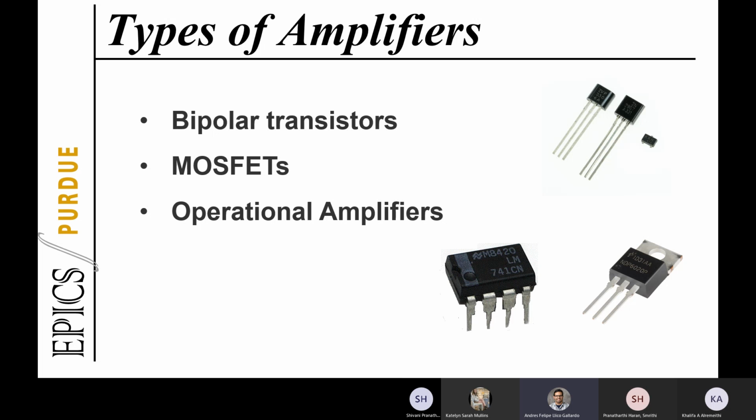So if you're working in the lab and you're constructing a circuit for your project, you typically have 3 major types of amplifiers. You have bipolar transistors, the ones that you're seeing on the upper right. They can come in different packages.